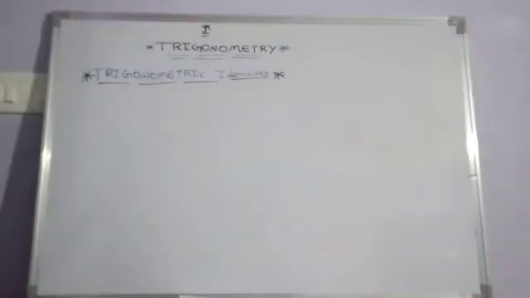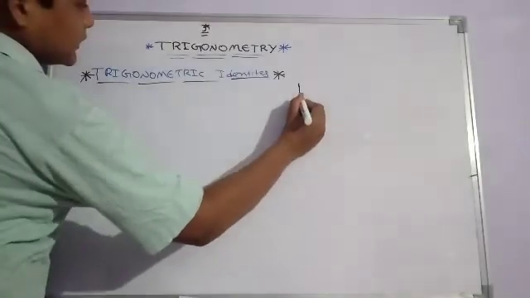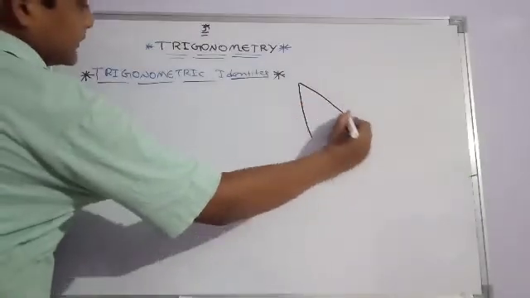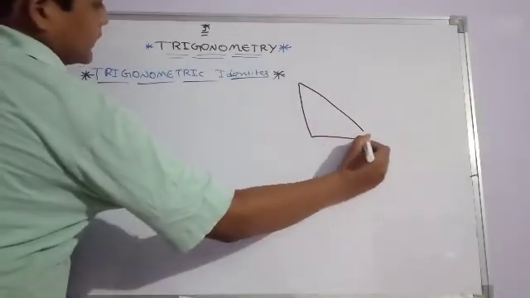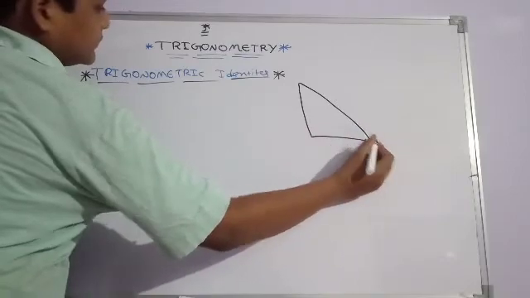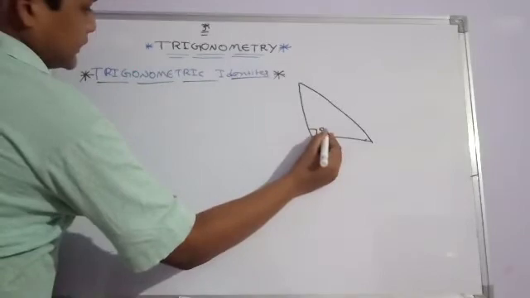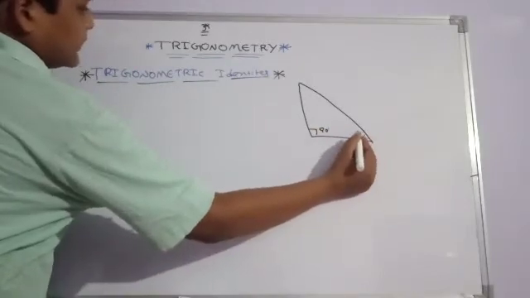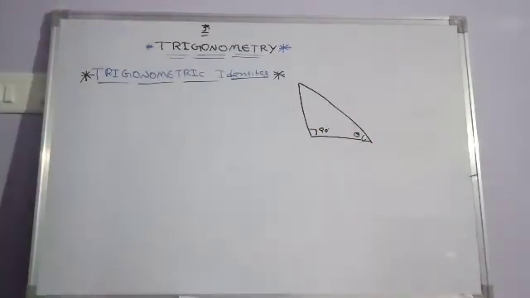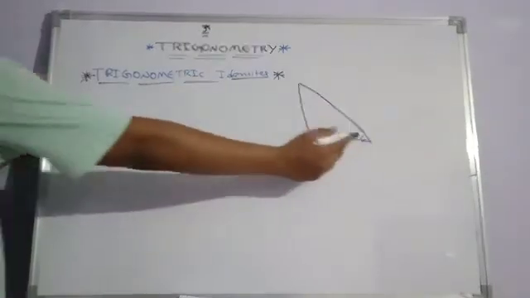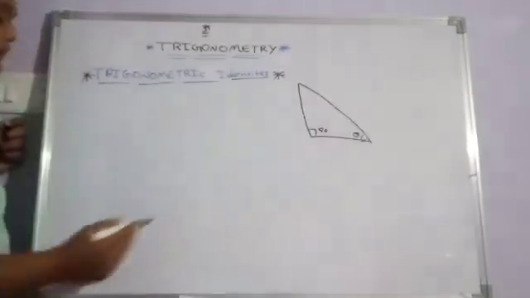Okay, first I am considering a triangle ABC with 90 degrees angle, and this angle is considered as theta.